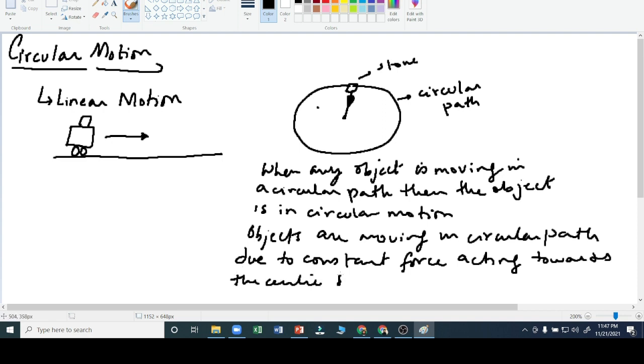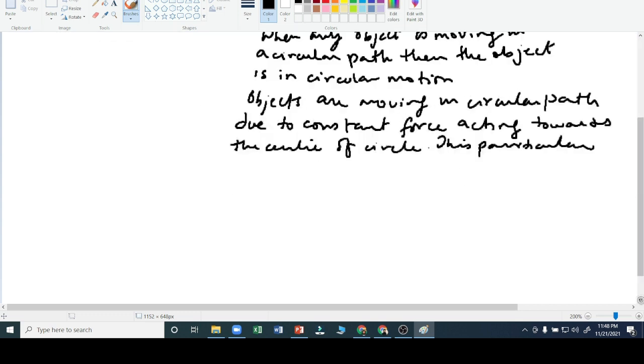So this particular force is called centripetal force.